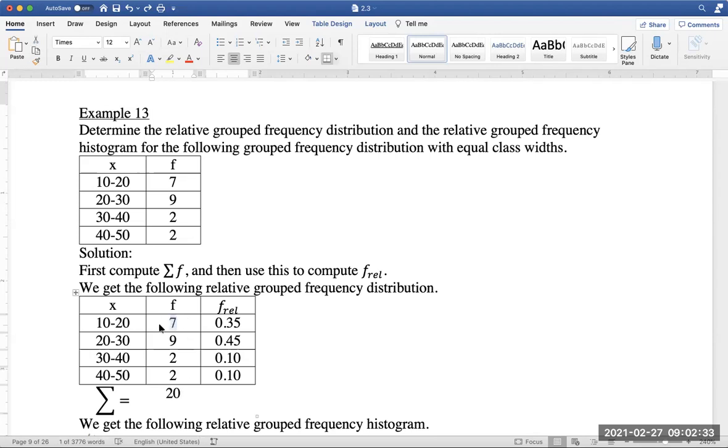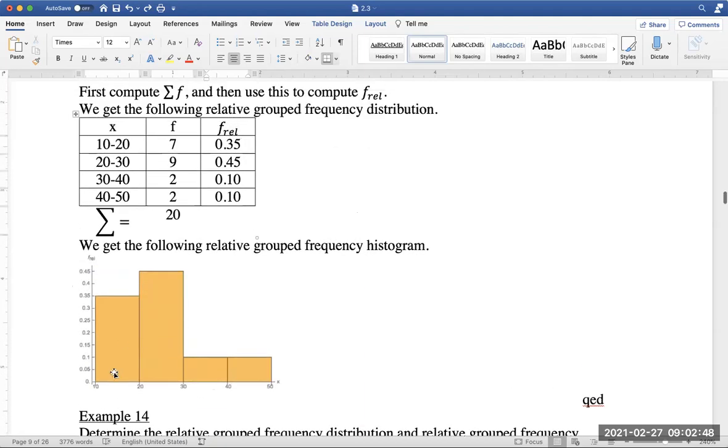Let's divide each of these by 20. 7 divided by 20 is 0.35, 9 divided by 20 is 0.45, 2 divided by 20 is 0.1, 2 divided by 20 is 0.1. And so my relative group frequency histogram is as follows: 0.35 between 10 and 20, 0.45 between 20 and 30, 0.1 between 30 and 40, 0.1 between 40 and 50.